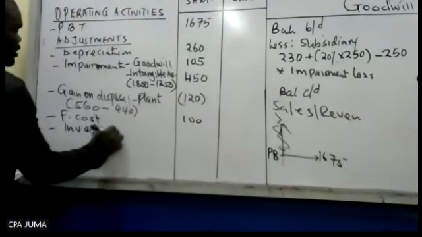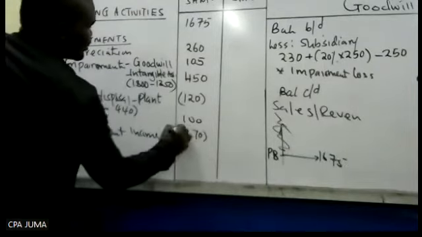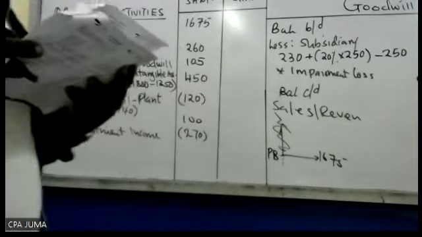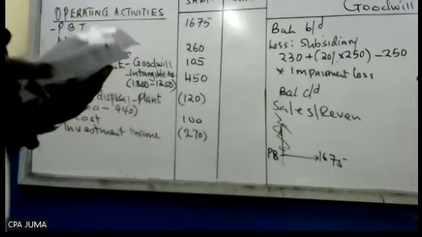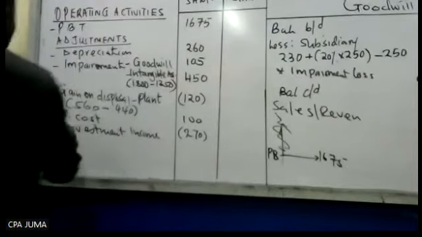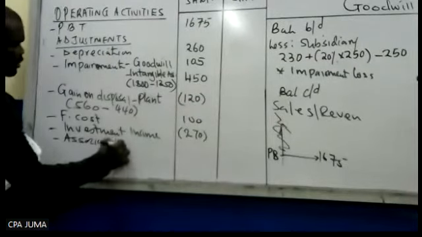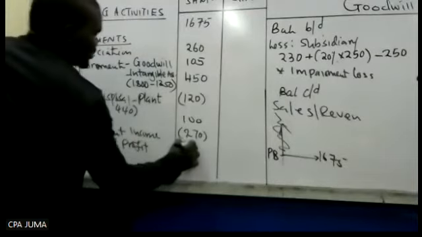Investment income is not an operating income, so subtract 70. Total. Climb up again. Operating profit, no, that is the total. Share of profit of associates. Associates profit, they are added, 90. Total.